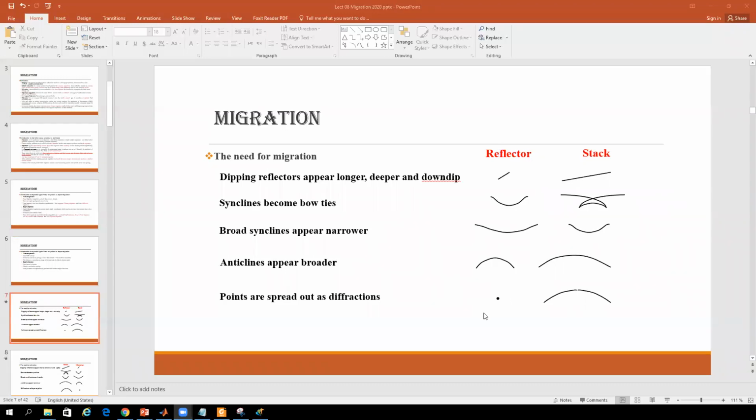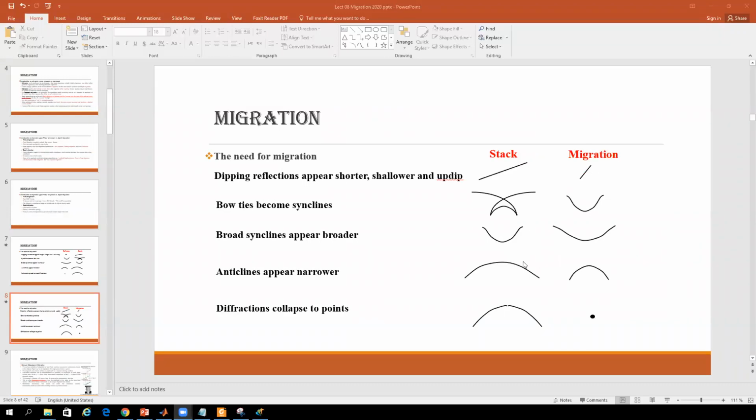For example, if we have an isolated body, it will appear in the stack section as a hyperbola shape. If we have a dipping target, it will appear longer and with a different dip than the actual dip in the true or real earth. So after doing the migration, everything will get back to its origin and its correct shape and dimension.